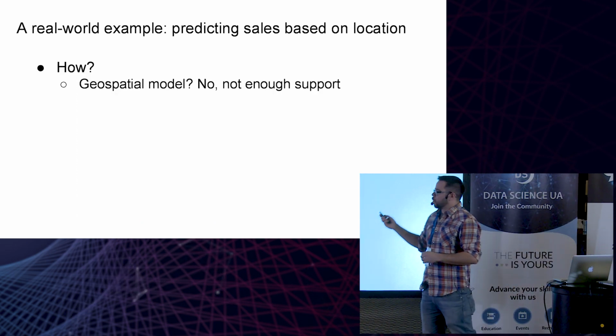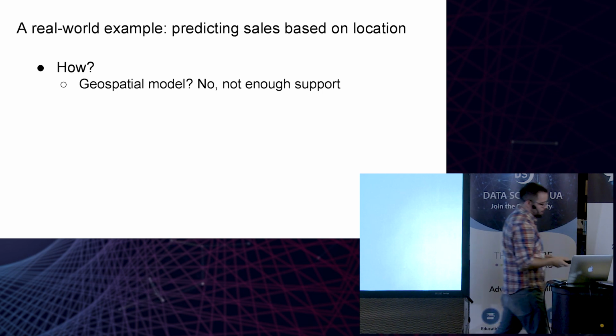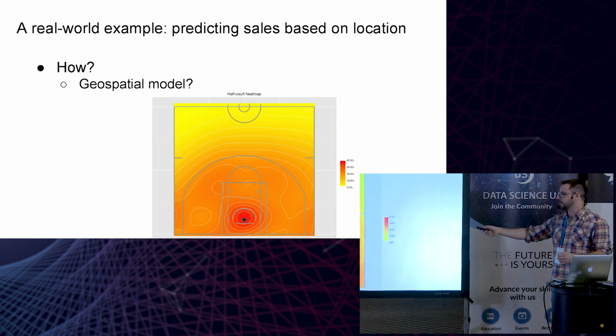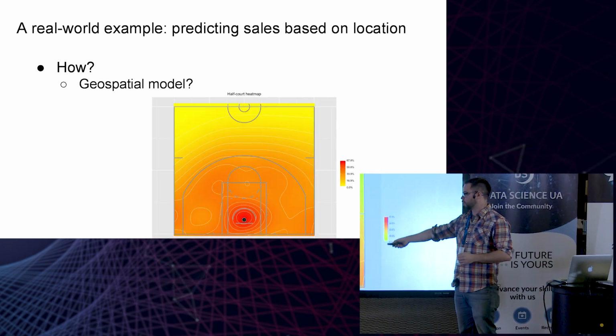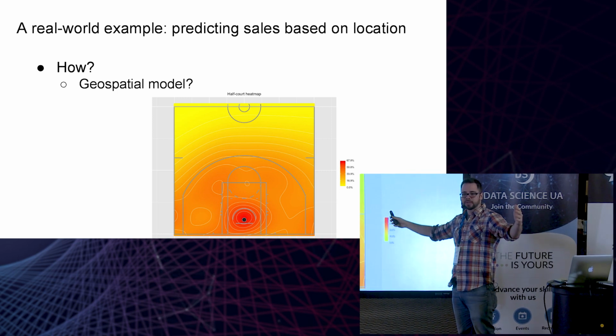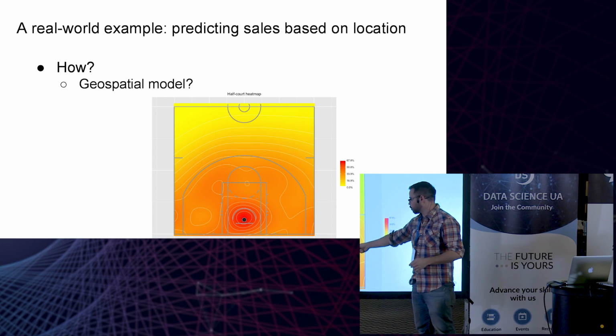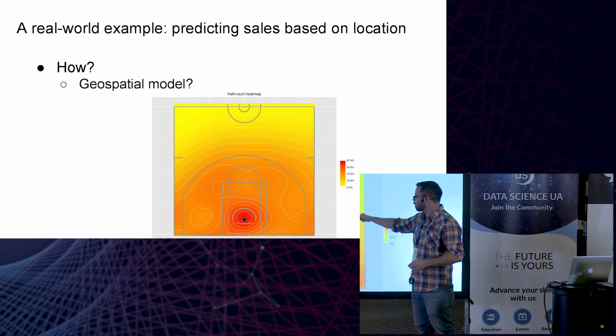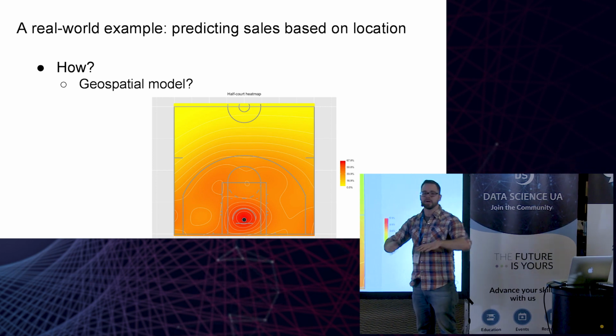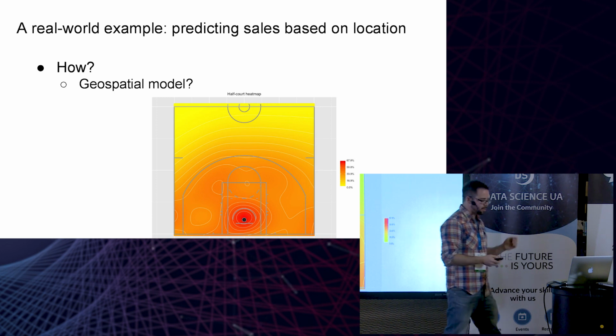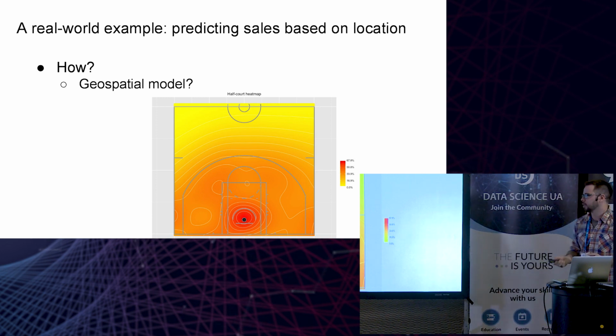The problem with that approach is that we didn't have enough support. This makes sense for the basketball case because I had 10,000 basketball shots all over the area, so I have support in most areas. I have, I don't know, 100 shots taken here, 20 here, 30 here, 500 here, and the model will more or less give reasonable estimates.